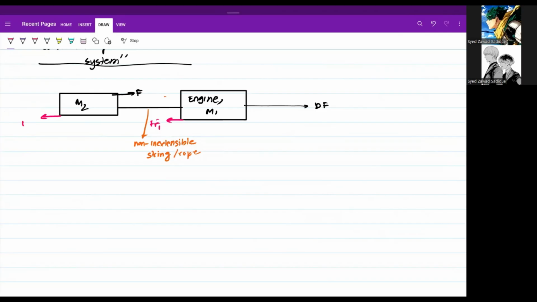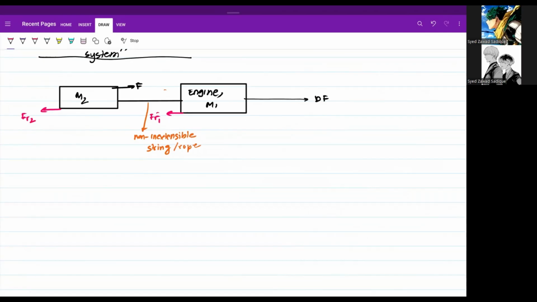Now, what's the bigger issue? Think of this entire thing as a system, because it truly is a system.